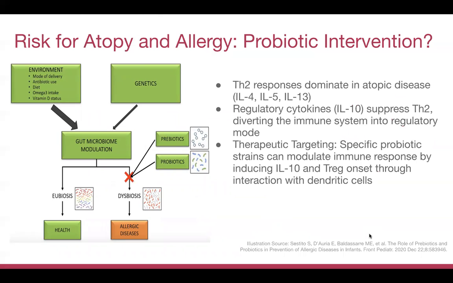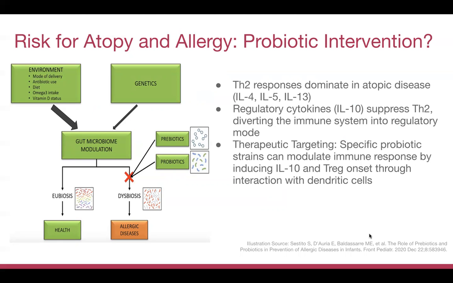So as our knowledge and understanding about the dynamic gut microbiota and immune interplay, or dance, expands, considerations about how these insights might be used clinically, especially preventively, also arise. One area of great clinical focus is related to the risk for atopy and allergy.